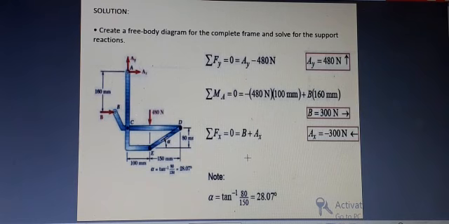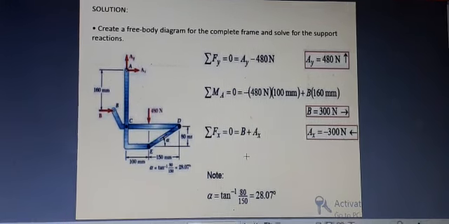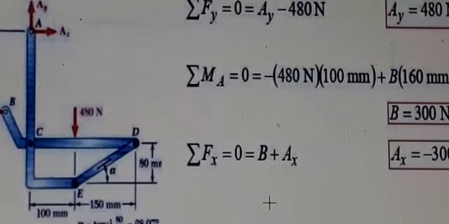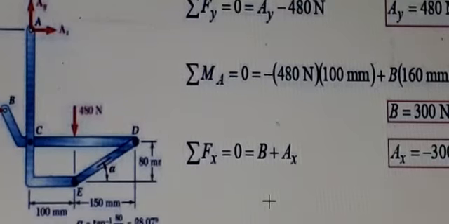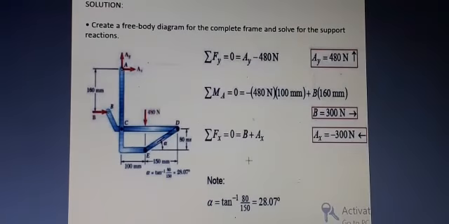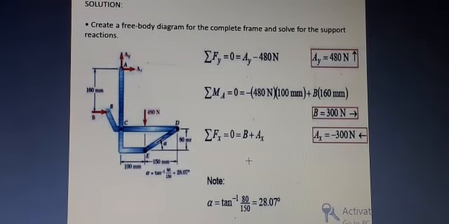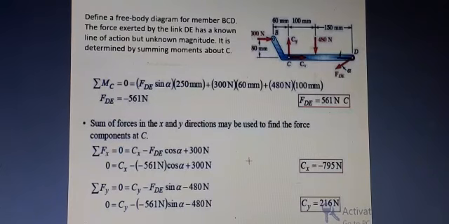Now using the geometry, we can calculate the value of alpha. Alpha is the angle of link DE with the horizontal. By using geometry, alpha is equal to tan inverse of 80 by 150, which is 28.08 degrees. Now after dismantling the frame, consider the member BCD.